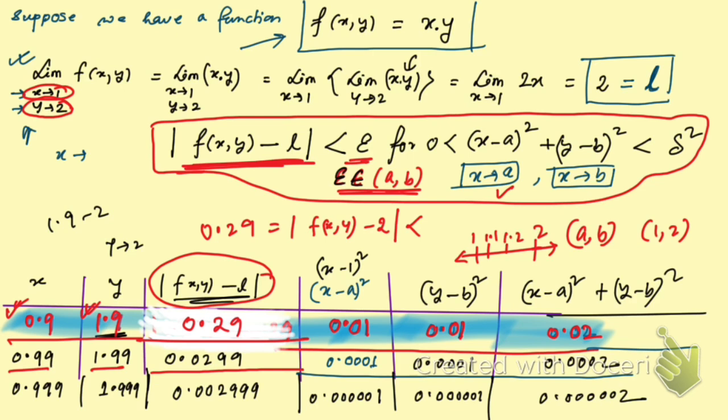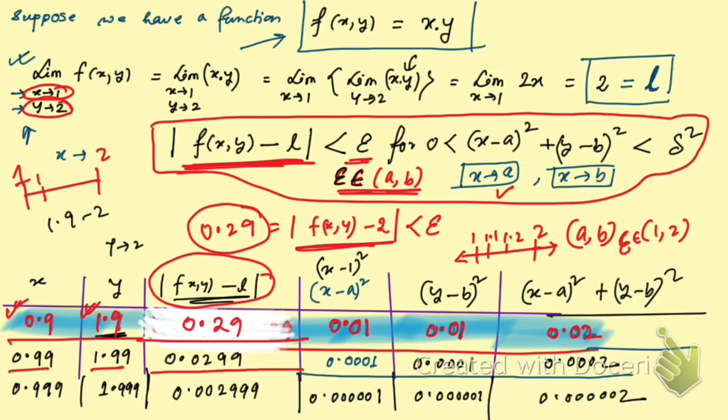And here we have got 0.29, and 0.29 is less than this value, less than epsilon, which belongs to 1 comma 2. When we say open interval 1 and 2, that means the set of values between 1 and 2.